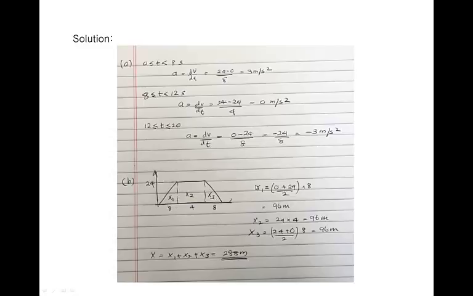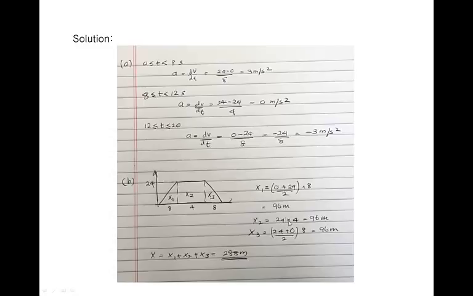So for the first part, the displacement x1 is equal to the initial velocity plus the final velocity divided by 2 times t, that's 96 meters. And for the second part, the velocity is constant.